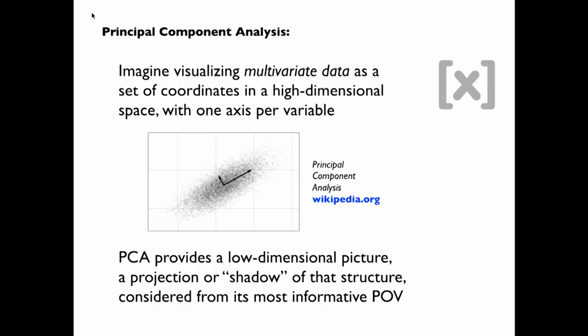You can visualize this if we're talking about multivariate data. Again, a lot of different variables. Suppose we have a set of coordinates in an n-dimensional space, some high-dimensional space, and we've got 1 axis for every variable. Okay, so let's build that up. If you had 2 variables, you've got a 2D flat diagram. If you've got 3 variables, you've got 3D, some volume, 4D, 5D, 5000D, etc. It gets very complex.